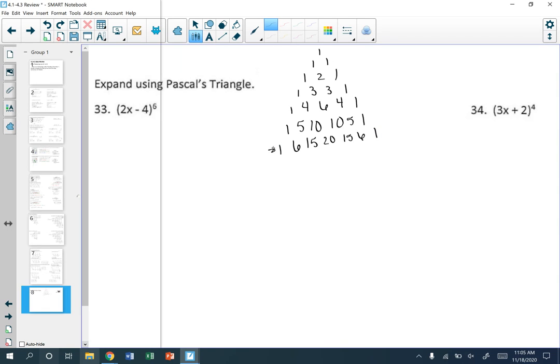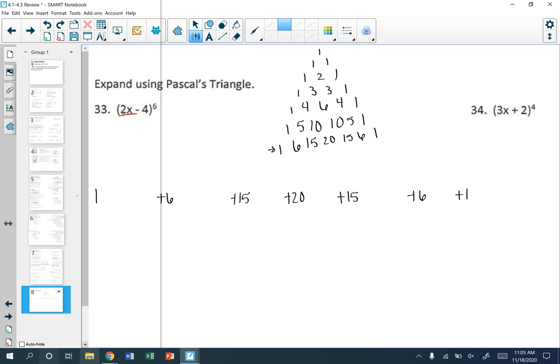Okay, so this is the row I'm going to be looking at for this. So first I go ahead and write out my coefficients. 1 plus 6 plus 15 plus 20 plus 15 plus 6 plus 1.